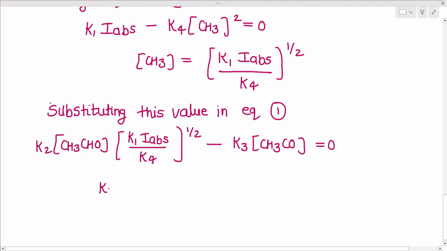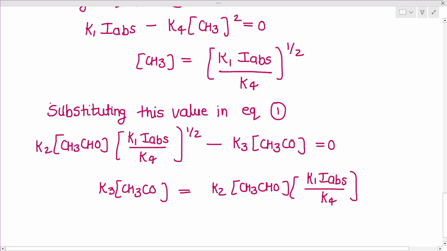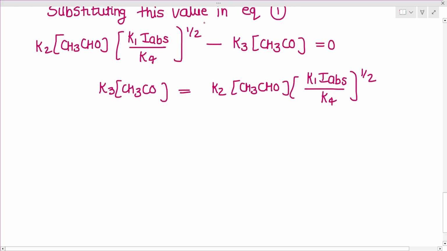So you can put here k3 [CH3CO] will be equal to k2 [CH3CHO] k1 I absorbed divided by k4 to power half. Now you can find out the value of CH3CO. Okay, you have to find out the concentration of CH3CO because it is given in the rate law.